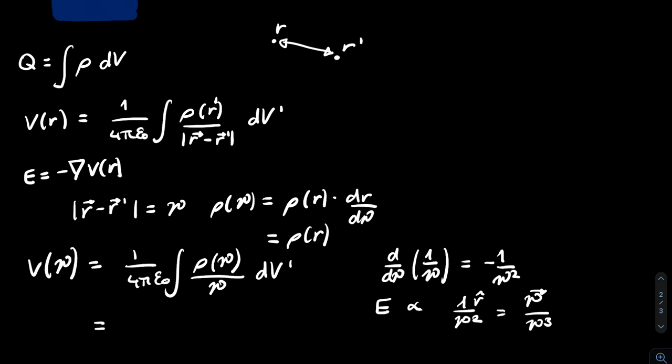So if we substitute all that in, then we get 1 over 4 pi epsilon 0 times the integral of, for the geometric term, script r vector over script r cubed, all multiplied by rho of script r, integrated over the volume right here.